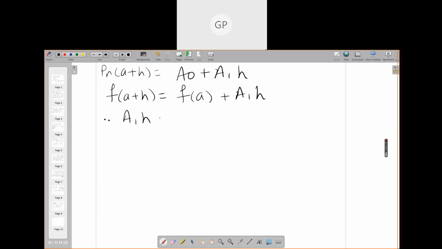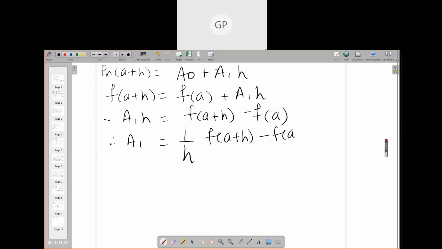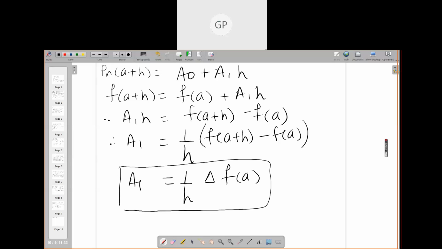Therefore a1h is equal to, I am writing it the other way, transferring f(a) here, f(a plus h) minus f(a). Therefore a1 equals 1 upon h times f(a plus h) minus f(a). But what is f(a plus h) minus f(a)? It is delta f(a). You understand this? So we are getting these constants in terms of the forward differences.